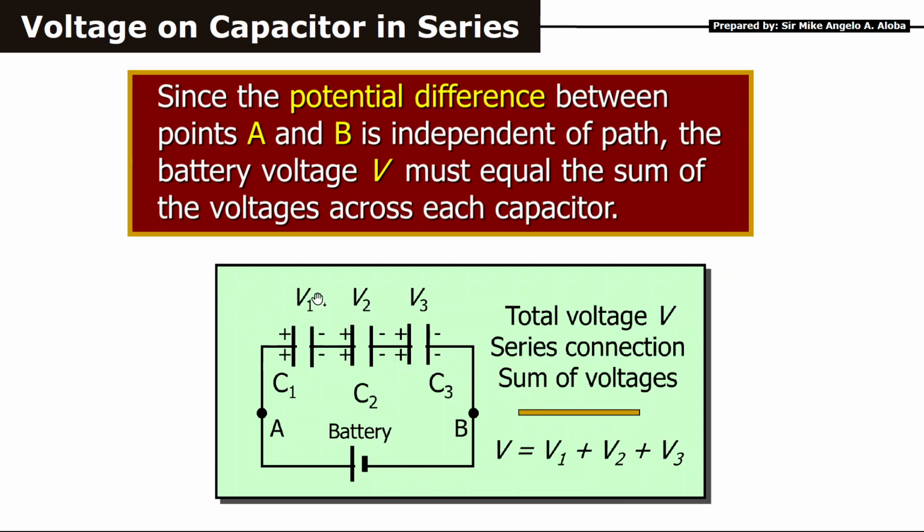C1 has a voltage of V1, C2 has a voltage of V2, C3 has a voltage of V3, and therefore the total voltage, you just need to add those and you will get V, the total voltage, is equal to V1 plus V2 plus V3.